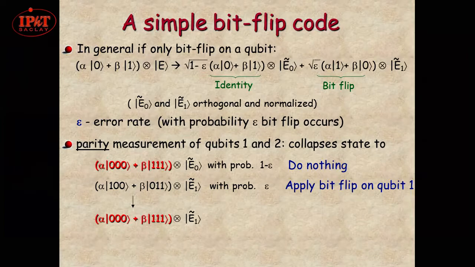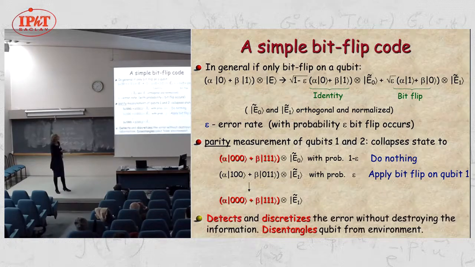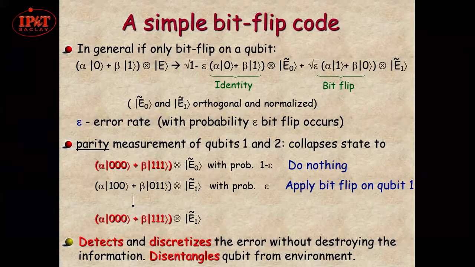So in particular, by observing this parity, you collapse the state of the error, which is some sort of coherent state, into either nothing happened or a bit flip happened. So you discretize the error by the process of quantum error correction in the quantum setting. That's very nice. And when you do that, you detect the error, you discretize it, and if need be, you correct it.